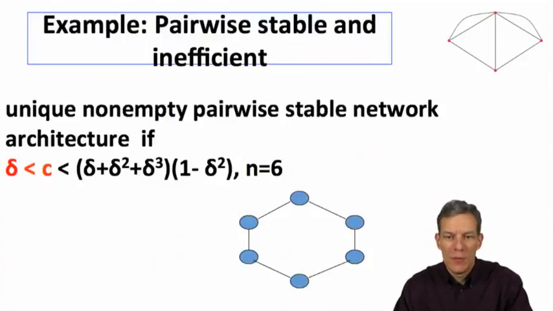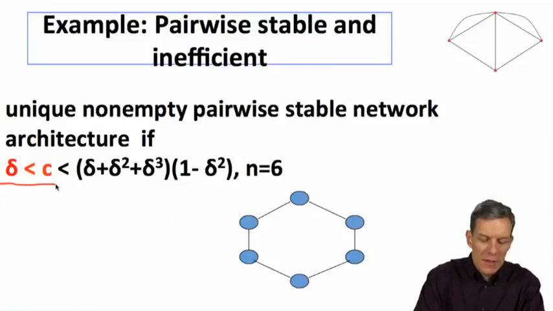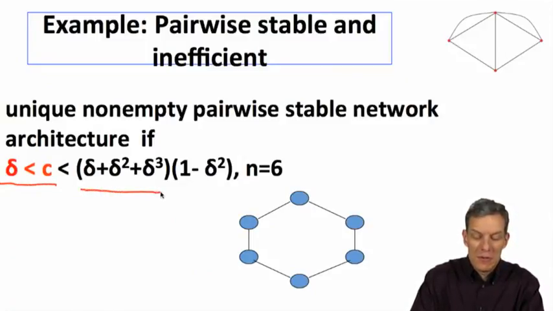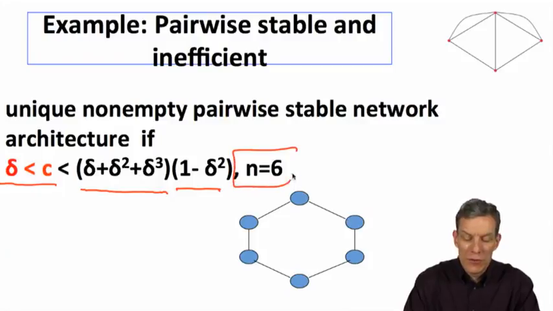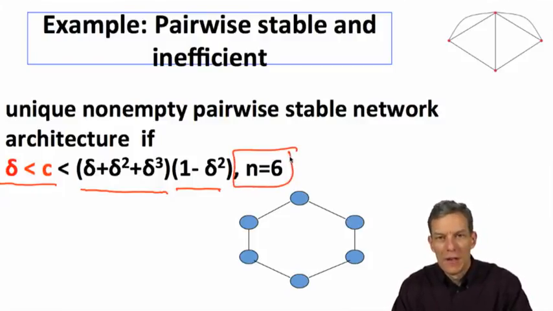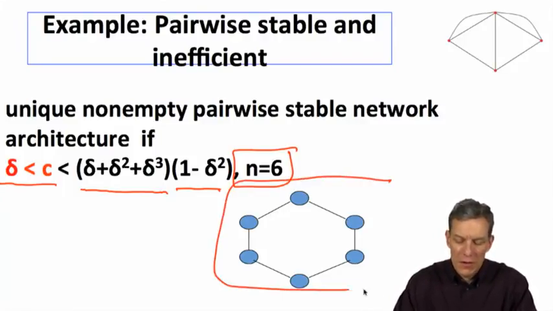Here's an example. You can play with this example if you like. Let delta be bigger than C, and in this case smaller than delta plus delta squared plus delta cubed times 1 minus delta squared. 6 individuals, and there's a unique non-empty pairwise stable network architecture which looks like this.